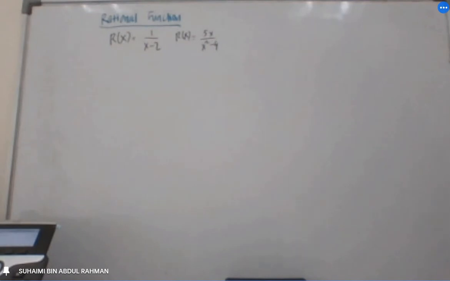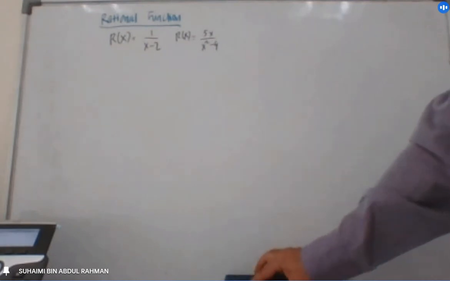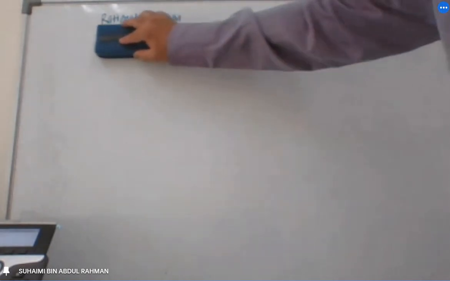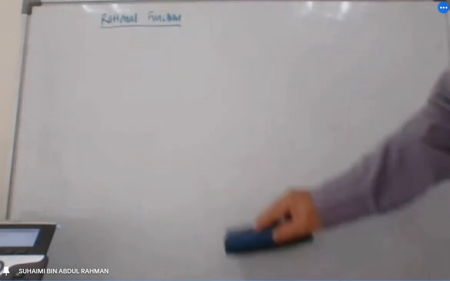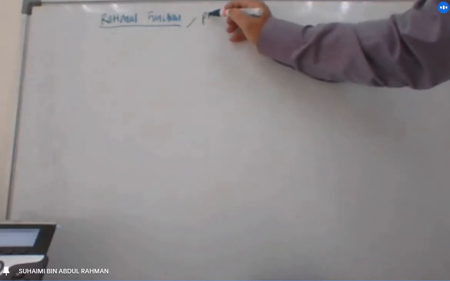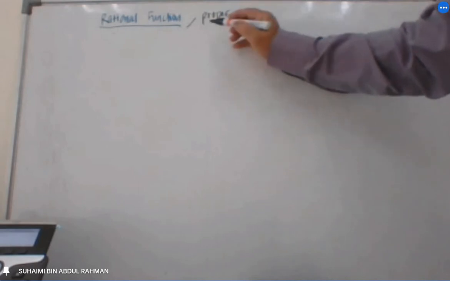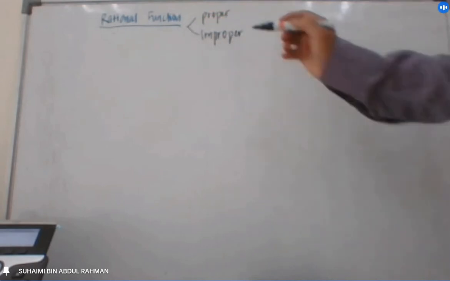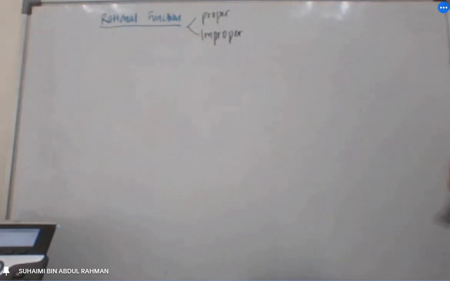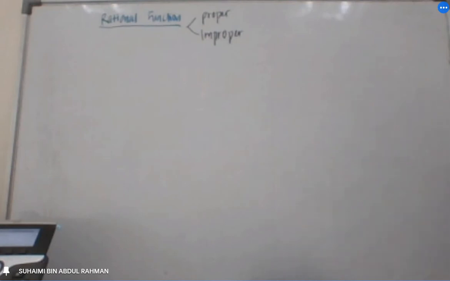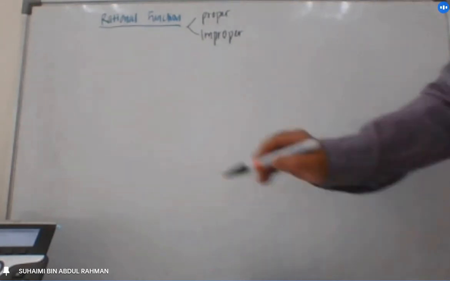And then if we talk about rational functions, we can divide into proper or improper. We may have proper rational functions or improper rational functions.